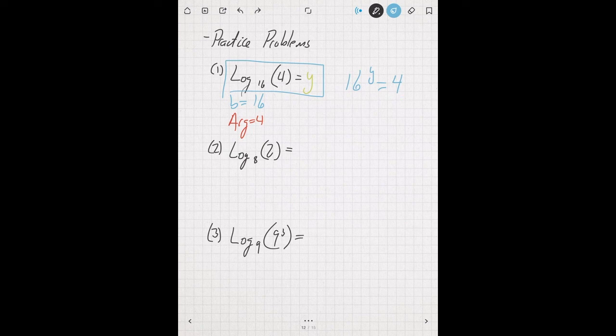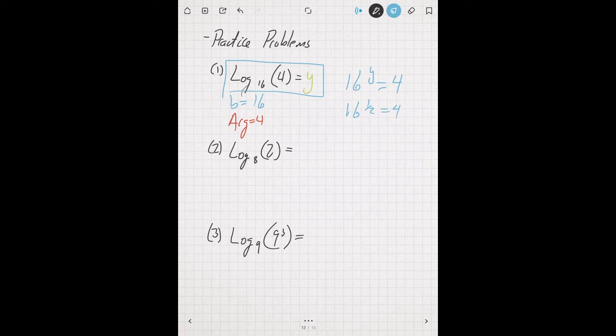Now that I've rewritten it, it should be fairly obvious for me, knowing my past work with exponents, to figure out what this is going to be. 16 to some power gets me 4. Well, what is that power? What would get me a 4? Well, hopefully you're saying 16 to the half power gets me 4.